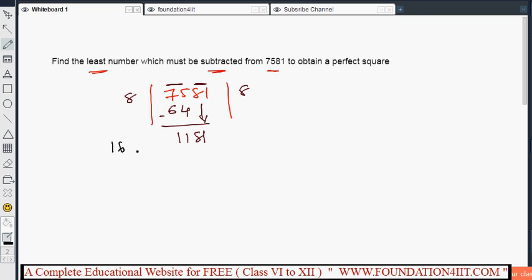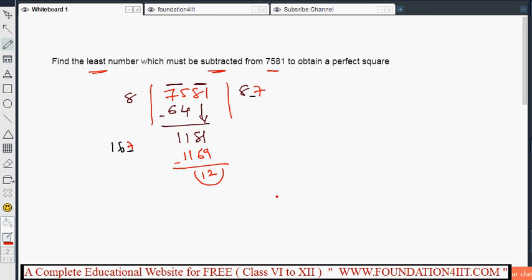Now next place, this is near 1181. So 160, if you use calculation, 167, 7 sevens are 1169. Now if you subtract, 12 extra came, right?